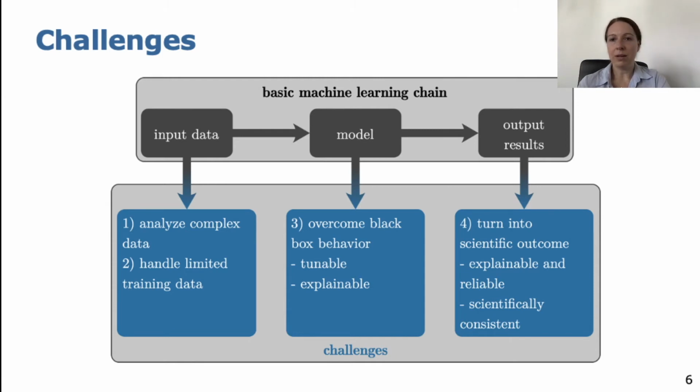And when we have a look at the output results, an important point is that the result does not necessarily mean it's useful from a scientific point of view. And so one thing which is good to have is that it is ensured that the result is scientifically consistent. To ensure this, informed machine learning or theory-guided machine learning can be used to integrate the prior knowledge which is already known to us.